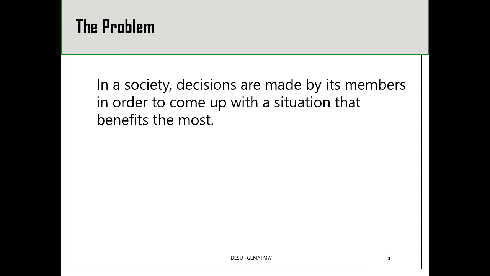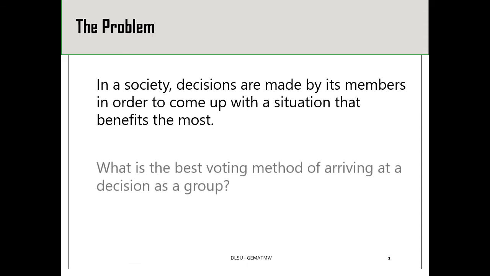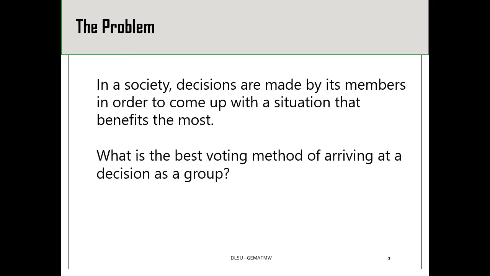Each member has individual opinions and individual choices. So in order to know which decision will benefit the most, they have to have a certain voting method.